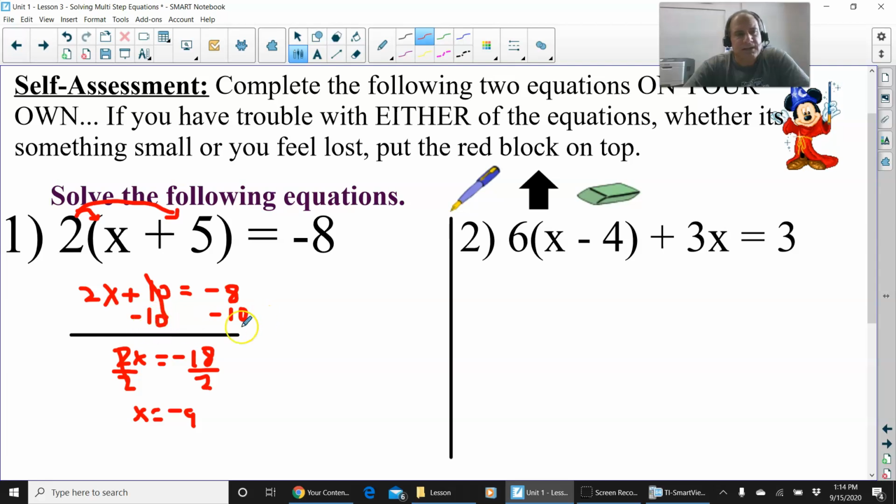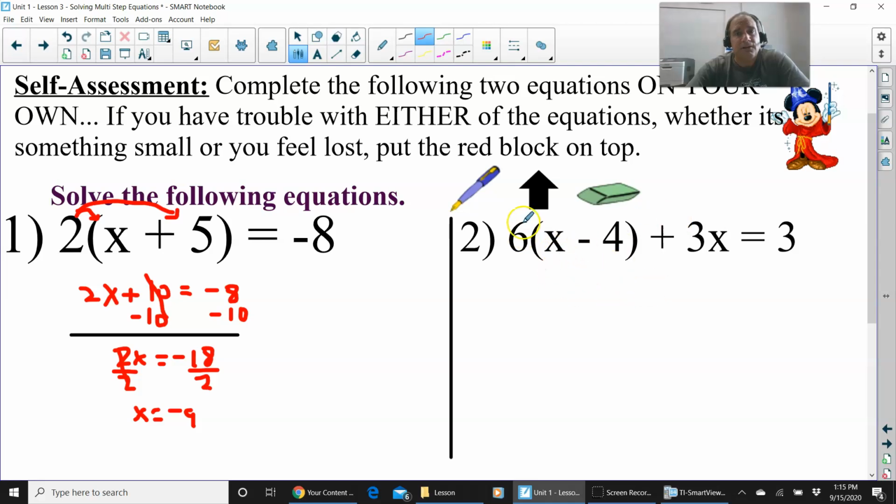Remember, subtract 10 on both sides, cancel the 10s because this equals 0. -8 minus 10 is -18. You bring the 2x down, you bring the equal sign down. Opposite of multiplication is division, so that means you're dividing by whatever is next to that x to isolate that variable. So you divide by 2 on both sides, you get x equals -9.